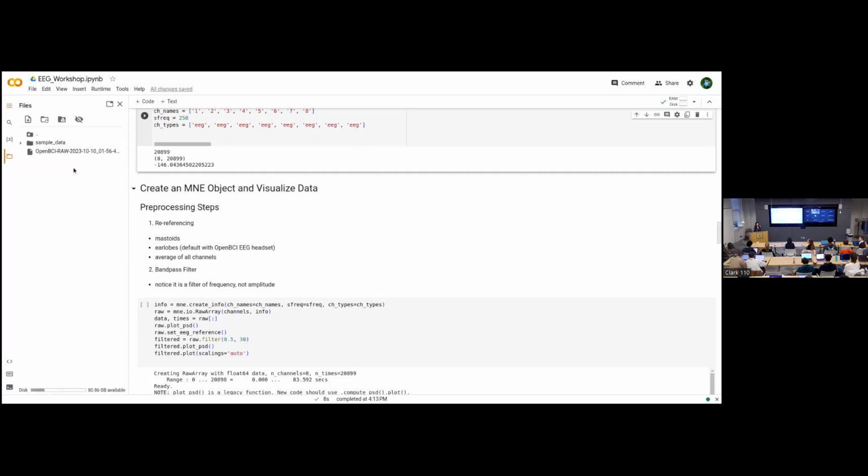Do you have a file over here? Does anyone else have that problem? If you click on this, are you able to see your downloaded file in here? You need to manually download it yourself.